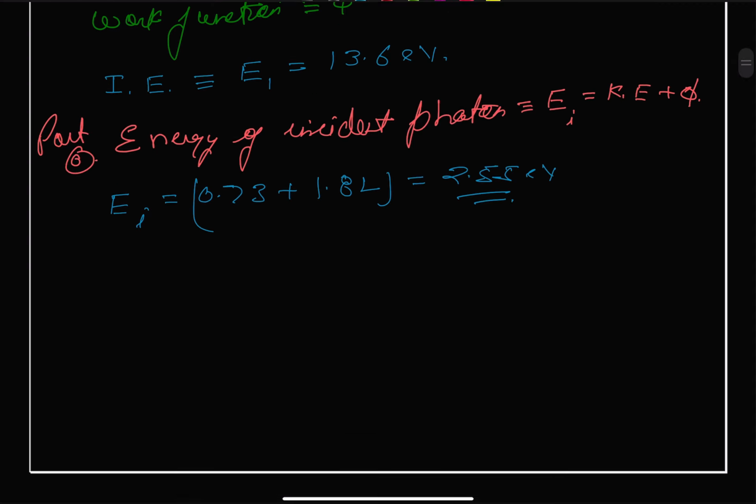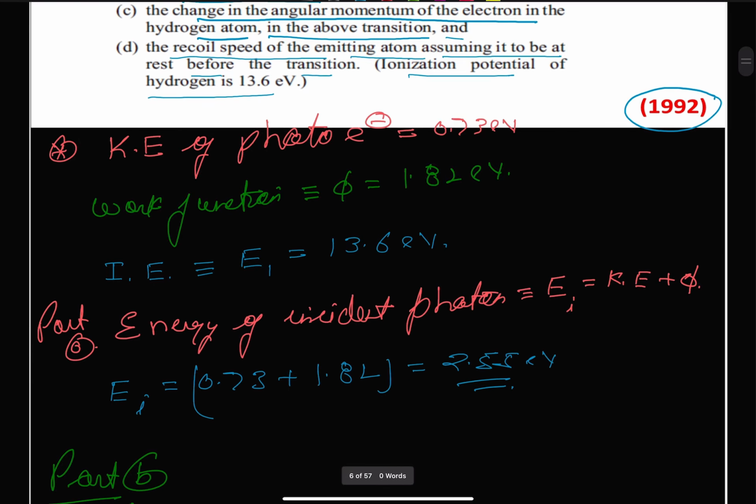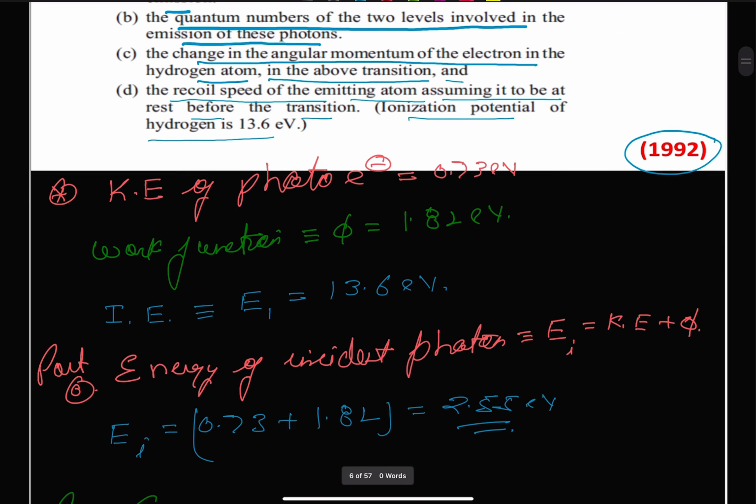Now we come to part B. In part B, we are supposed to find out the quantum numbers of the two levels involved.